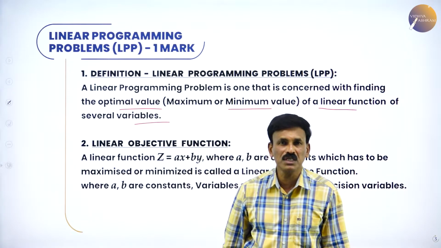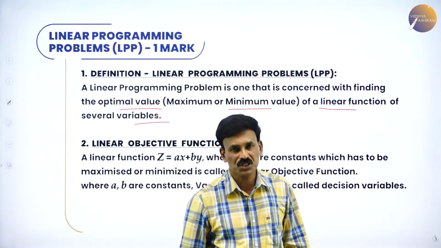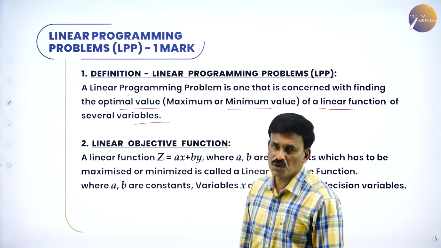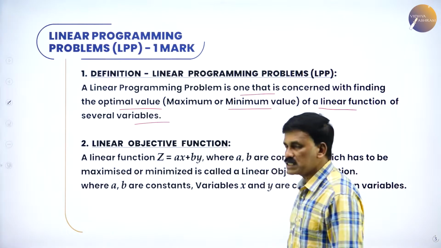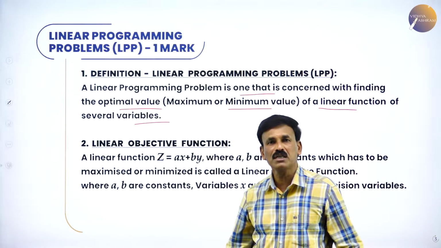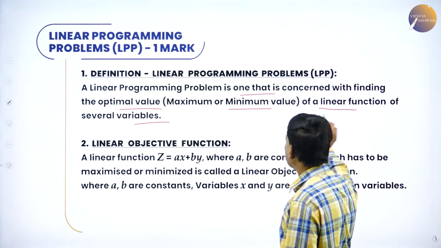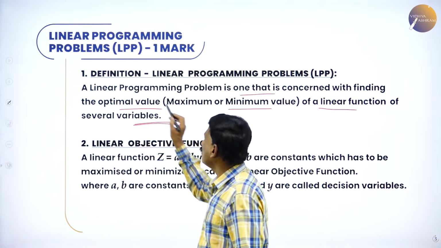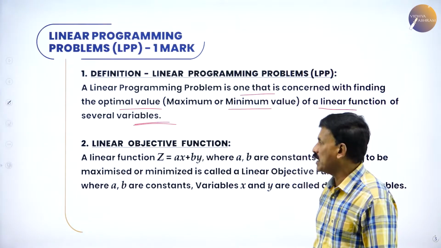The variables may be x and y or x1, x2, y1, y2, like that. So, finding the maximum or minimum value of a given linear function of several variables is called a linear programming problem.